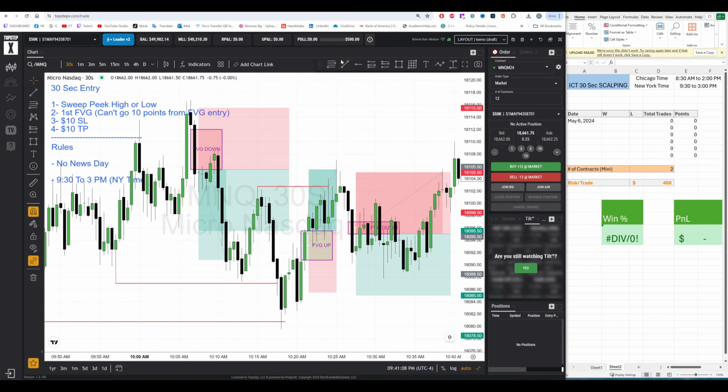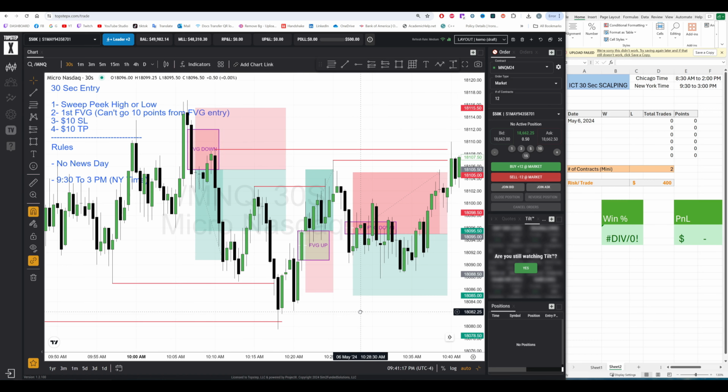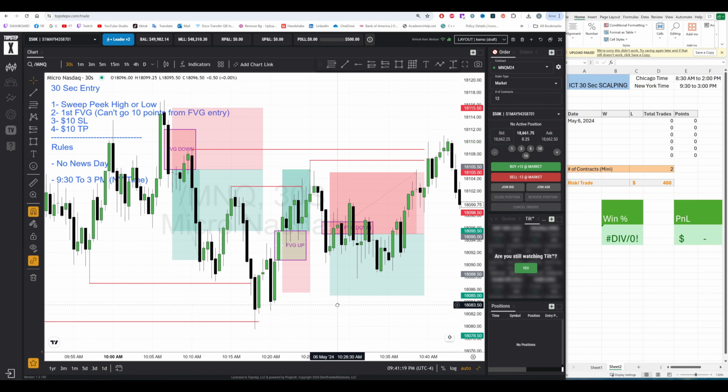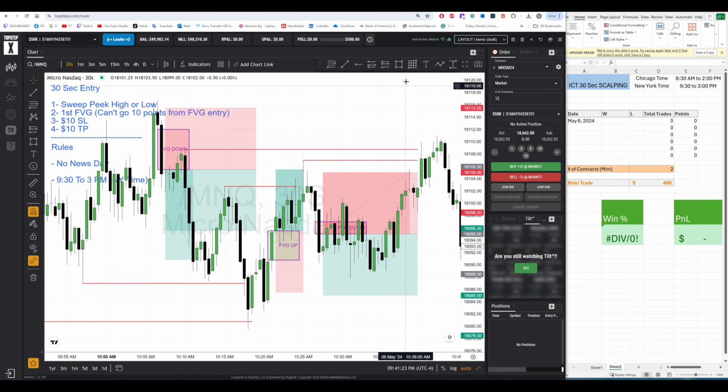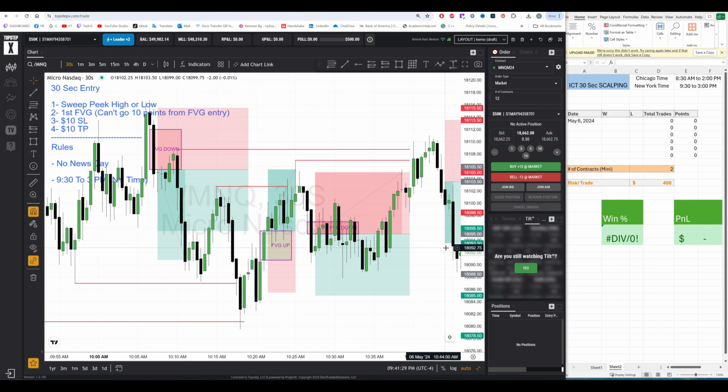So I see this high is an important high, inside of a bearish fair value gap, and this high as well, we swept it. I want to see a bearish fair value gap, and I see one right here. So I'm going to go ahead and put a limit order to short it. As you can see, the price already delivered 10 points before retracing.